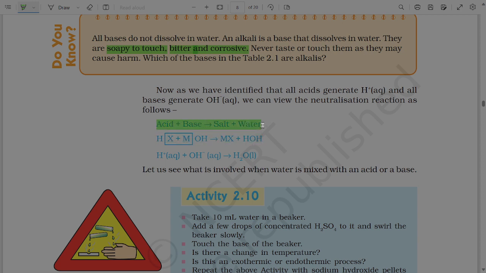The H plus ion present in an acid and OH minus ion present in a base combine to produce water, and the cation part of the base and anion part of the acid combine to form a salt. Here it is depicted as reactions. You may take a note of it.